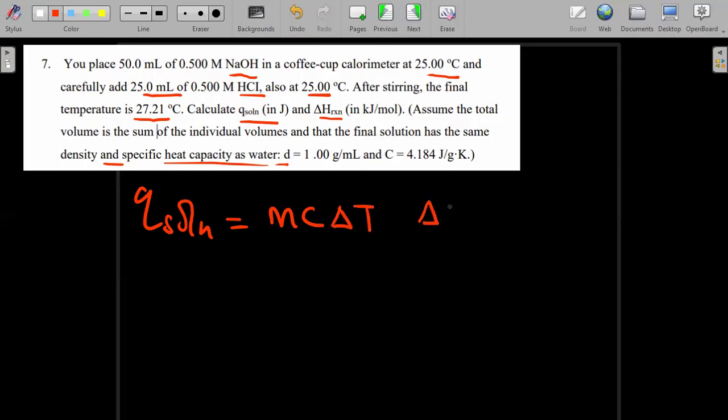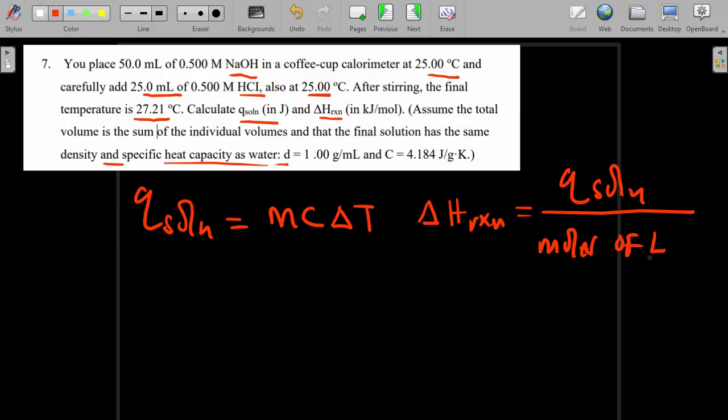And to find the change in the energy of the reaction, this will be given by the heat of the solution divided by the moles of the limiting reactant from the reaction. So for us to calculate the heat of a solution, we need the mass of the solution, its specific heat capacity, and the change in temperature.